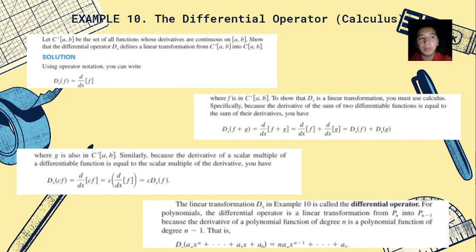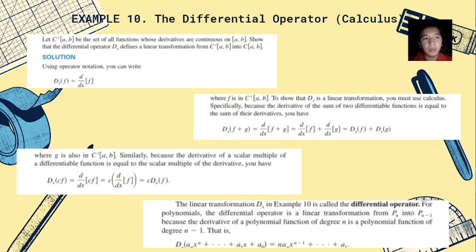To show that D is a linear transformation, you must use calculus. Specifically, because the derivative of the sum of two differentiable functions is equal to the sum of their derivatives, you have D(f + g) = d/dx[f + g] = d/dx[f] + d/dx[g] = D(f) + D(g), where g is also in C'[a, b].